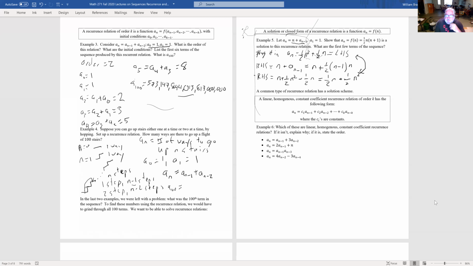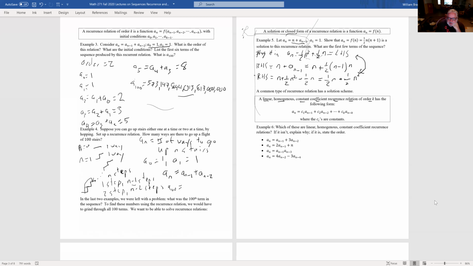Okay, so a particular type, a very common type of recurrence relation, can be solved. It's got a solution scheme. So: linear, homogeneous, constant coefficient recurrence relation of order k. It's this: these are just constants, c1 times a_{n-1} plus c2 times a_{n-2} plus dot, dot, dot.